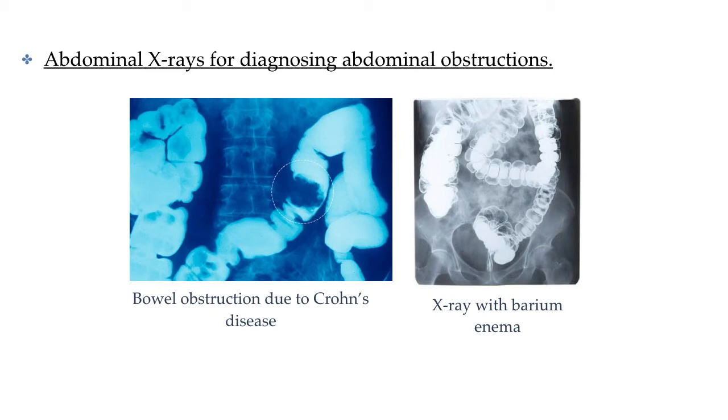It just gives you some very, very dense material that doesn't remain in your body forever. You pass it, you poop it out eventually. But that contrasting dye allows the medical professionals to see the shape of the colon, the shape of the GI tract, and if there's any obstruction or anything else going on.